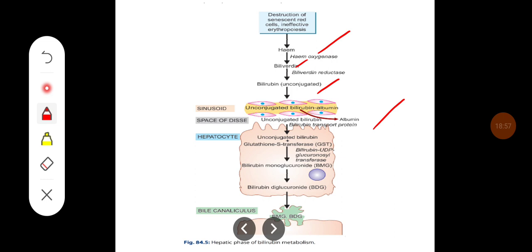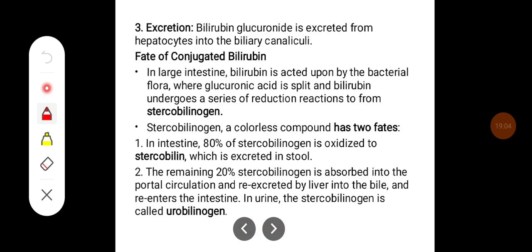Then it is secreted into the bile canaliculi and later into the second part of the duodenum. The bilirubin glucuronide is excreted from the hepatocyte into the biliary canaliculi.